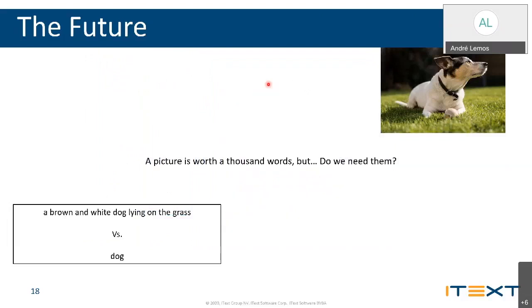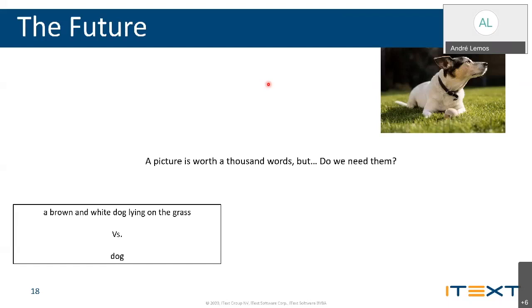It would pass, it would be a valid document. But we're clearly not there yet. It's not perfect. So what is the future? Well, you know this popular sentence, a picture is worth a thousand words, but do you really need them? What do you think is the right alternate description tag we should have applied here?